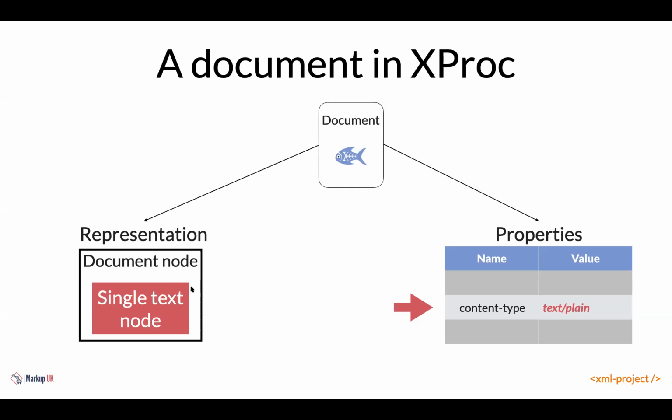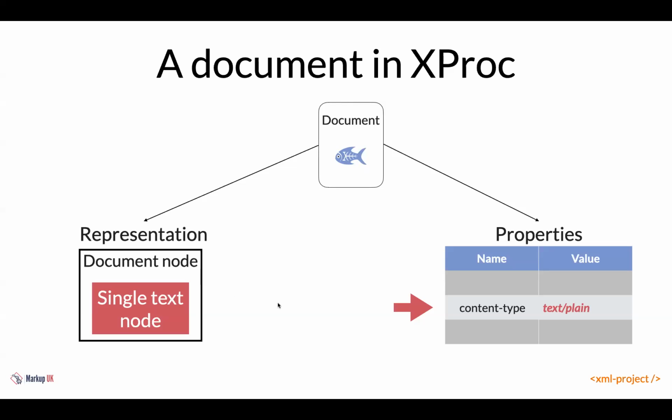It's not true that whenever you encounter a document which has just one document node with a single text node, you can infer that its content type is text/plain. I will show you later why this is, but in some cases, the content type may also be application/xml. We see later why this is. Okay, this for the basics.